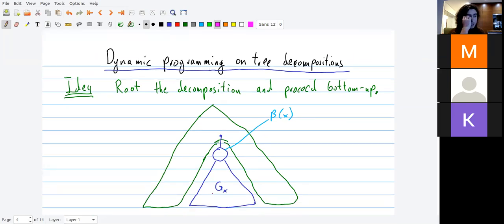So the idea is that we have seen that treewidth can be thought of as a way of sweeping the graph. When you know something about dynamic programming, you've seen some dynamic programming algorithms. You can think of them in this way: you have some large object and you can sweep it, always keeping a limited amount of information.